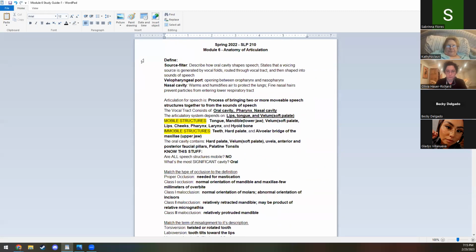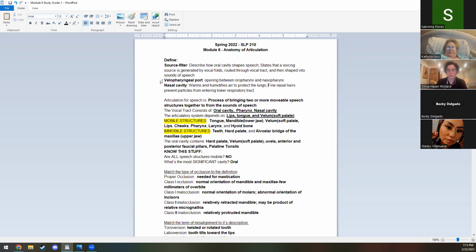You have only 3 definitions, which is good. You have source filter. It describes how the oral cavity shapes speech. It states that a voicing source is generated by the vocal folds, routed through the vocal tract, and then shaped into the sounds of speech.